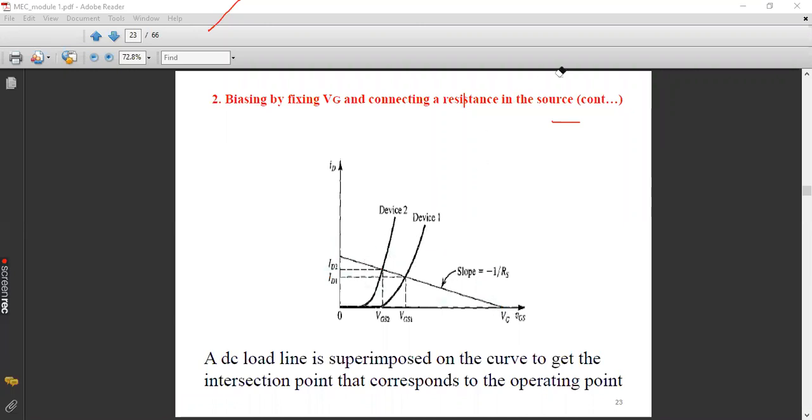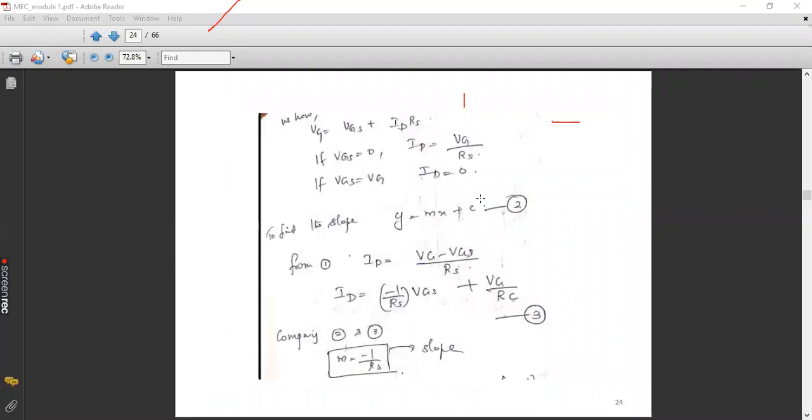Now, once you finish drawing the DC load line, our next step is to find the slope of this line. You know that any straight line can be represented by a general equation, that is y equal to mx plus c, where y is your y-axis parameter, x is the x-axis parameter, m is your slope, and c is the constant.